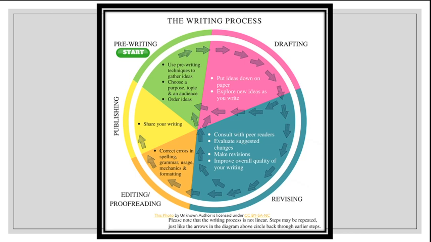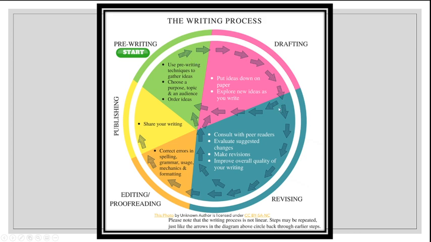That does not necessarily mean sharing it in the newspaper or in an academic forum. Just handing it in to your teacher is a type of publishing. What's most important to remember is the note down here that says the writing process is not linear. The steps may be repeated, just like the arrows in the diagram above circle back through earlier steps.